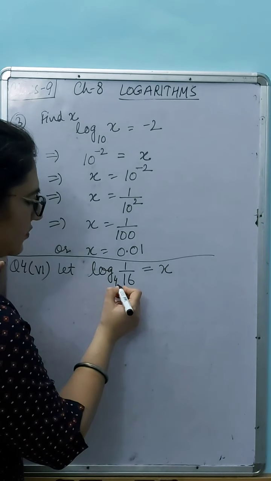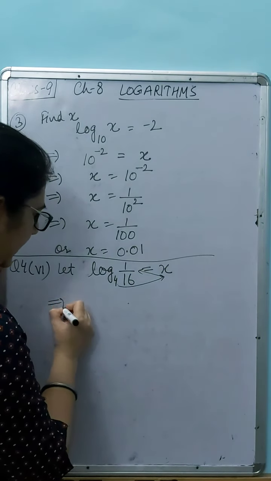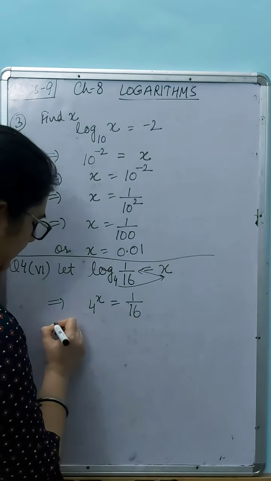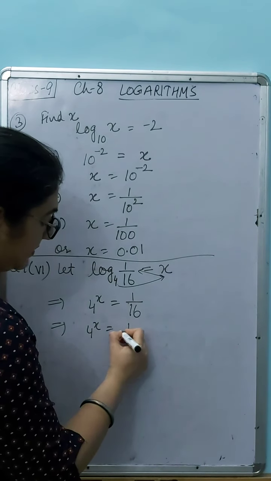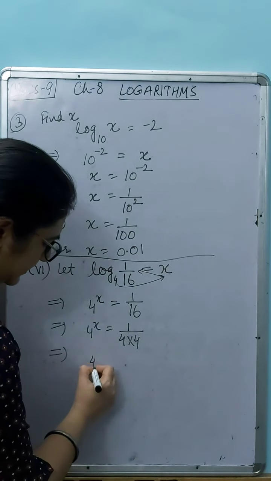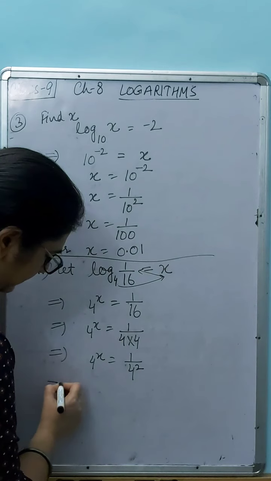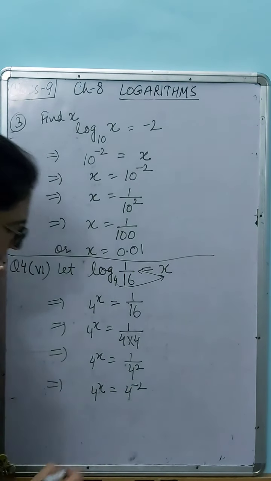Base, move from here to this side and from this side. Simple. It implies 4 raised to power x is equal to 1/16. It implies 4 raised to power x is 1/(4 into 4). It implies 4 raised to power x is 1/4 square. It implies 4 raised to power x is 4 raised to power -2, right?